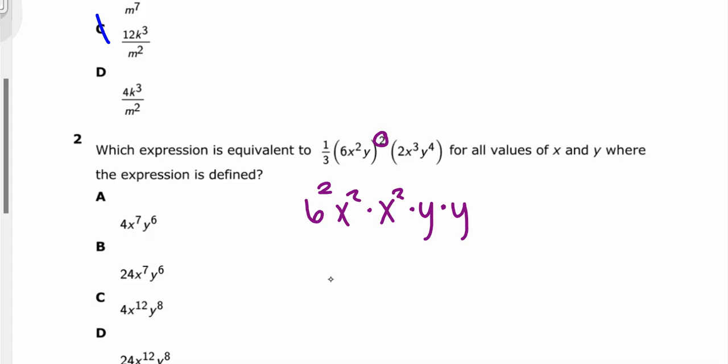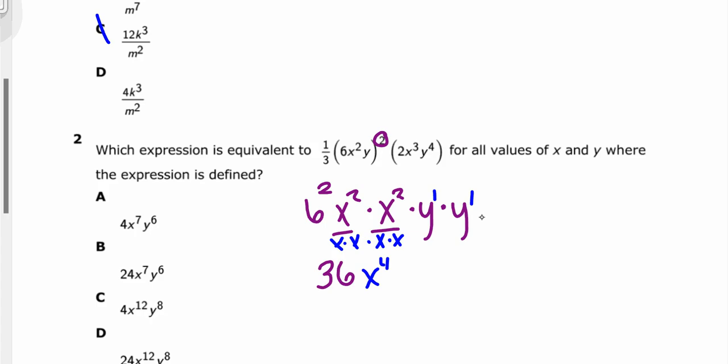And I'm just going to rewrite all of this. 6 to the 2nd power is 36. X to the 2nd power times x to the 2nd power, that's like x times x times x times x. So that'll be x to the 4th power. And then y to the 1st power times y to the 1st power.